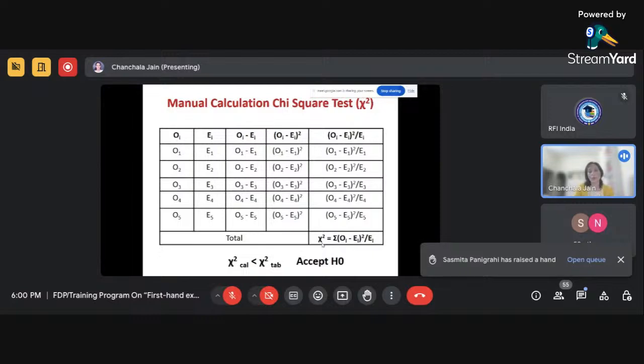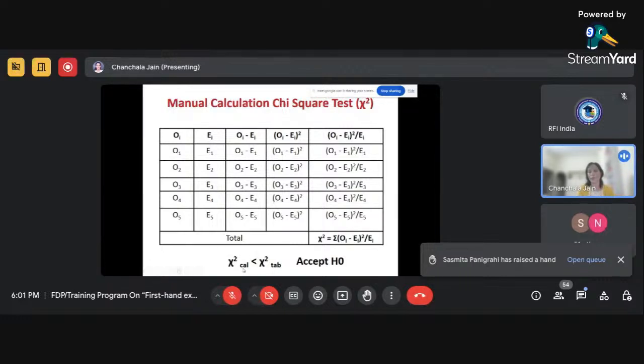for the manual calculation. The manual calculation thumb rule says when your calculated value is less than your tabulated or critical value, that is the table value. For each and every test, the standard table is available in statistics. So for chi-square also we have the standard table available. We can find its value from the table for particular degrees of freedom, and compare these two values.